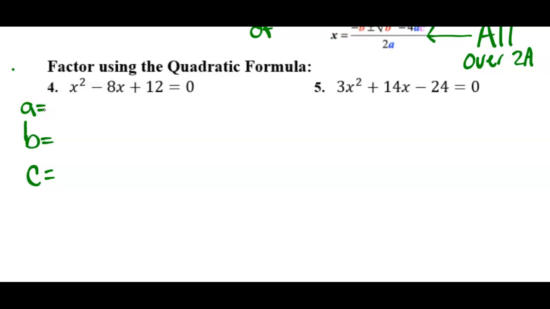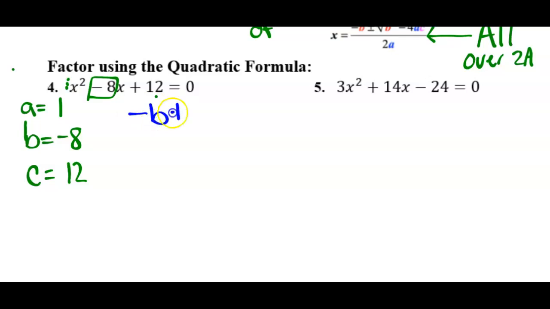So, in this number 4, what number's in front of that x squared? 1. What number's in front of the x? -8. And what number's the constant? 12. The more often you write the quadratic formula, the more often you're going to memorize it.